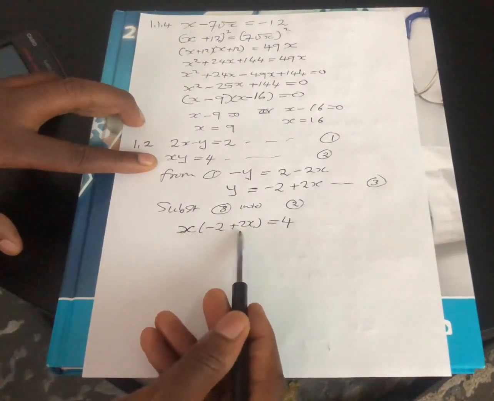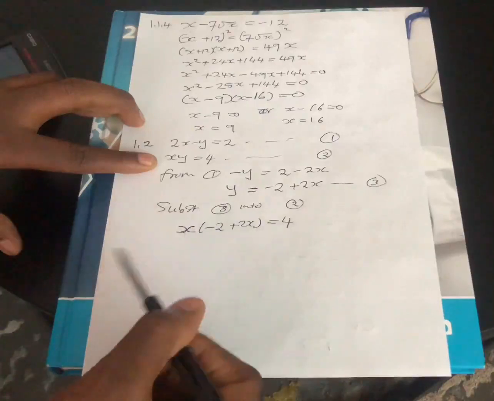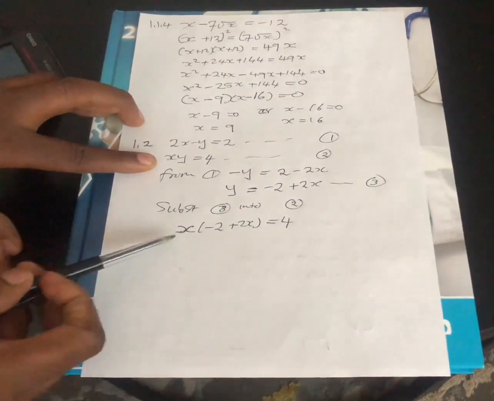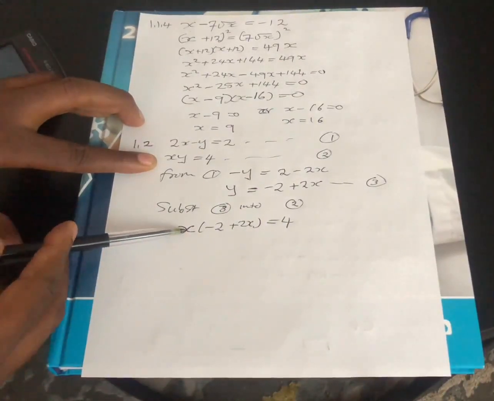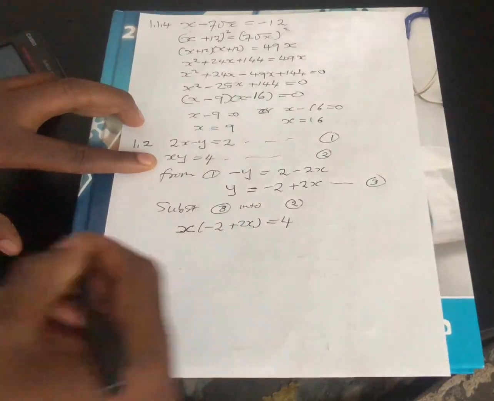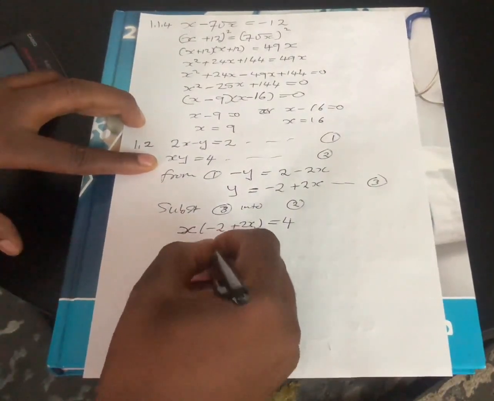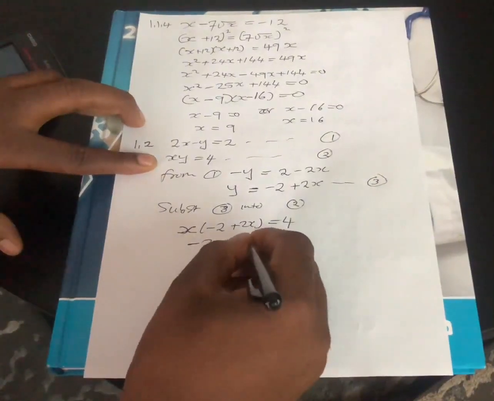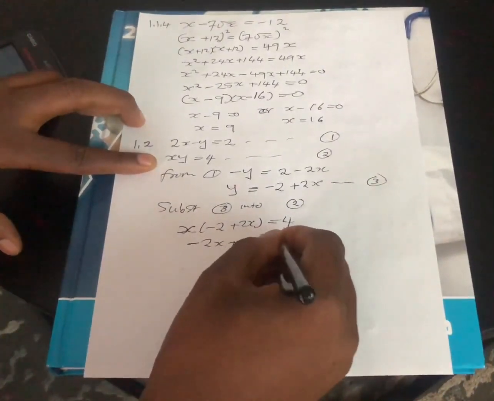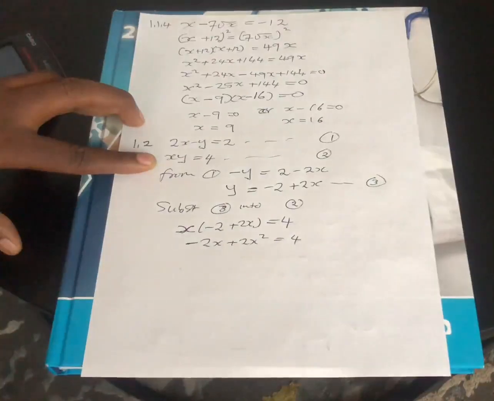Minus 2 plus 2x. Then from here, obviously, we are just going to distribute this x to everything inside the bracket, whereby we're going to find this result of negative 2x plus 2x squared is equal to positive 4. Then from here, you just have to arrange this according to our standard form.